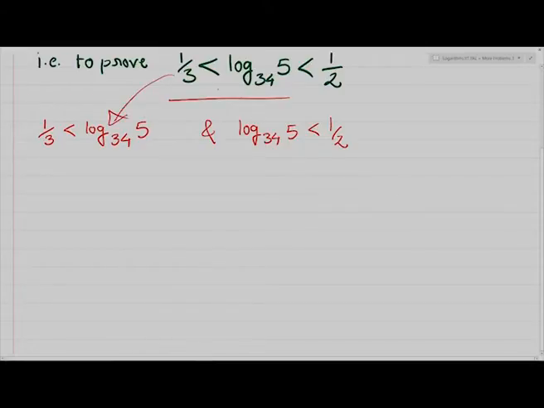So this is one part and this is the other part. I can multiply both sides by 3, then I will get 3 times log to the base 34 of 5, and here I will multiply both sides by 2, then I will get 2 times log to the base 34 of 5 less than 1.